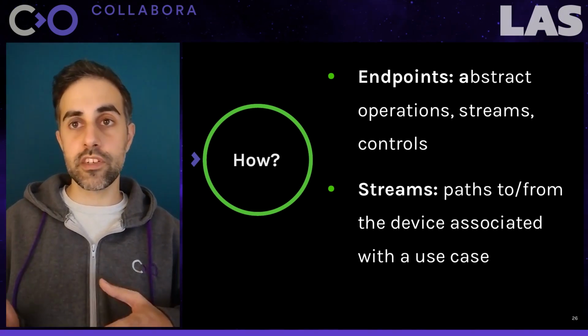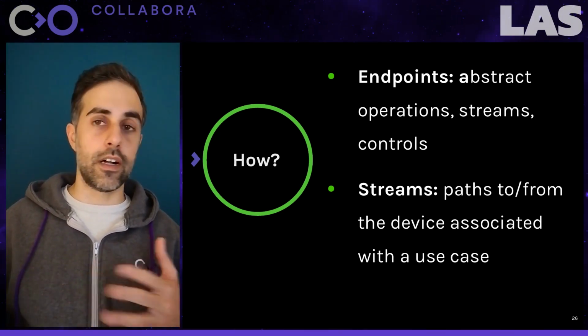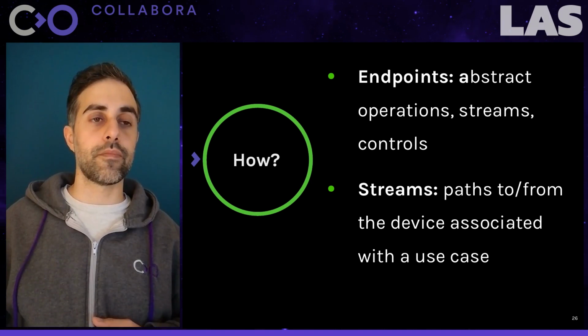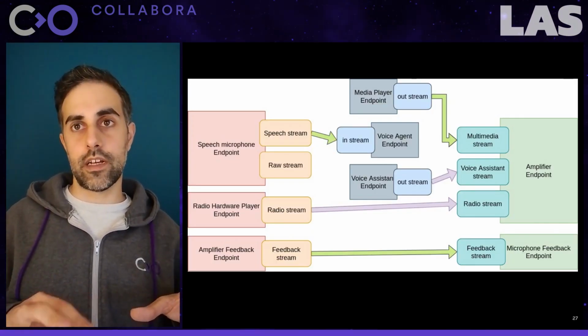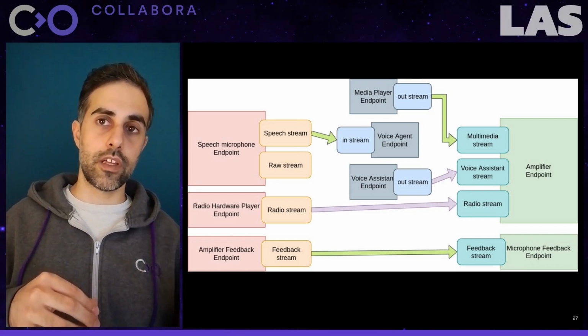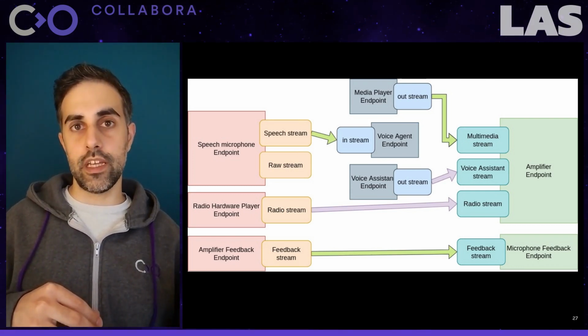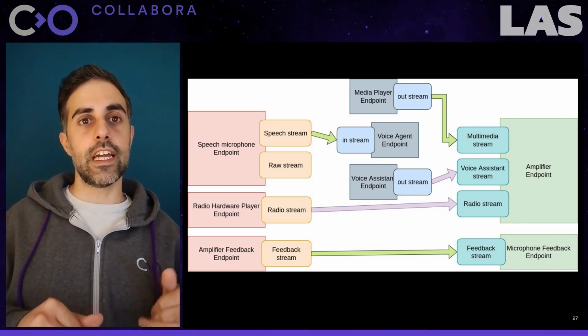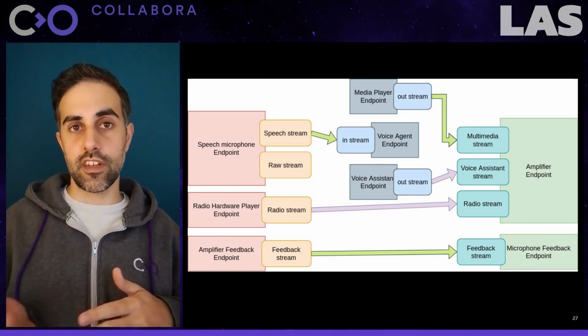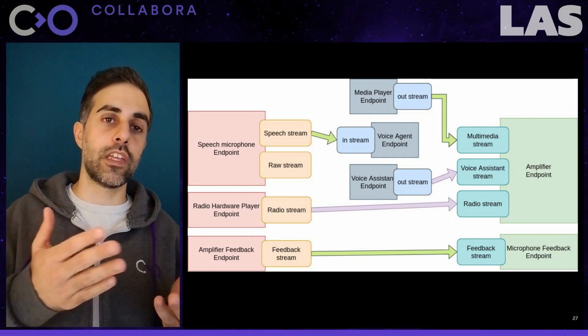So you would have a music stream, a notification stream, a call stream, etc. And there is a graph that looks similar to the graph of nodes that we saw earlier in QJackCtl, but in this case, instead of ports, instead of showing the channels, it shows the use cases.